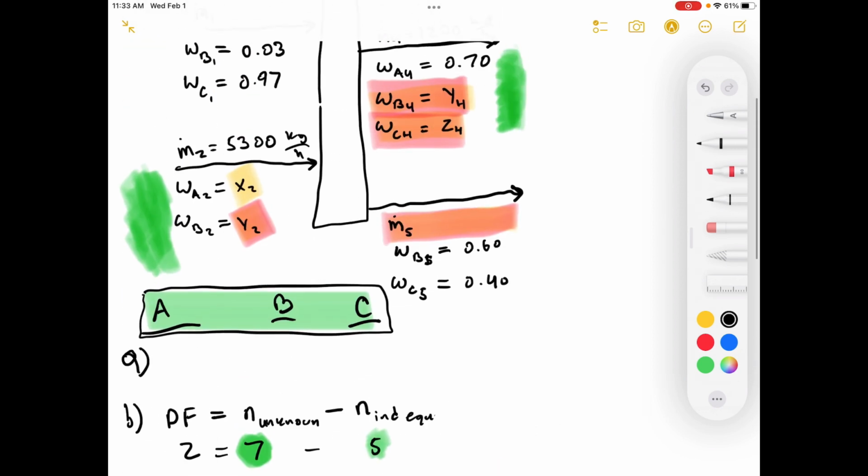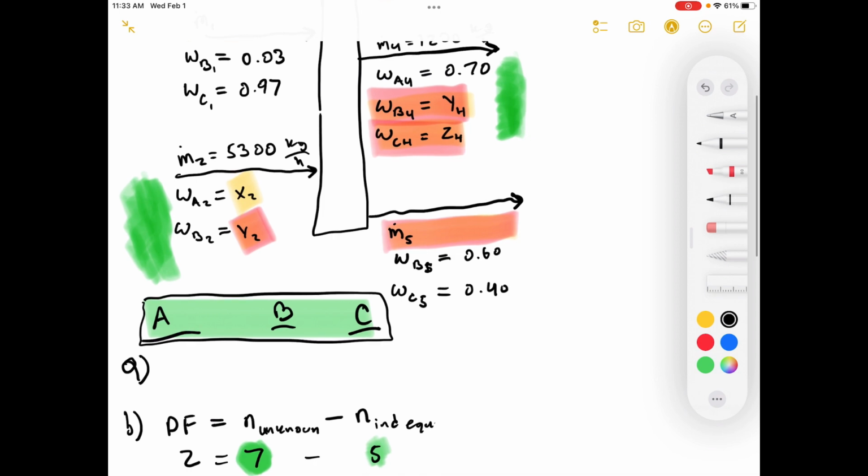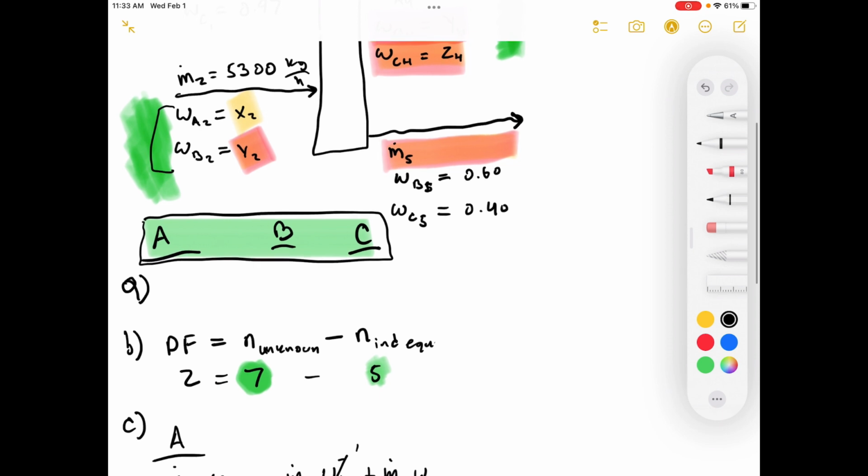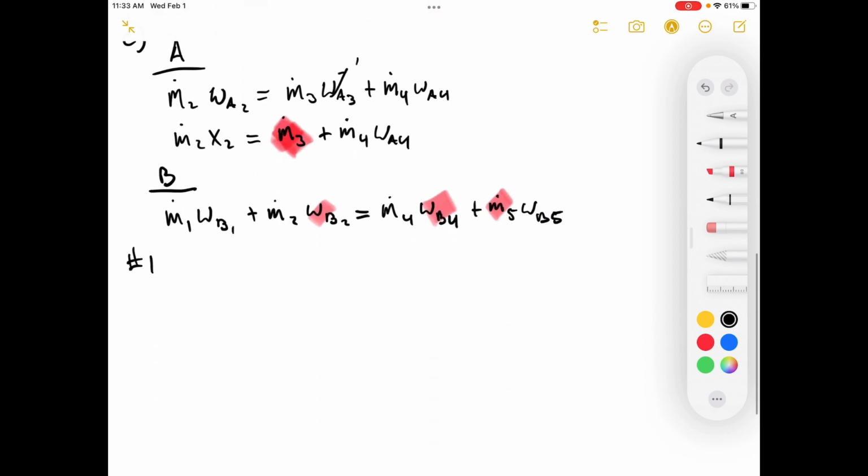Physical constraint number 1 is that these mass fractions need to sum to equal 1. Okay, so WA2 plus WB2 has to equal 1. And that means that WB2 equals 1 minus WA2, and all those are known.